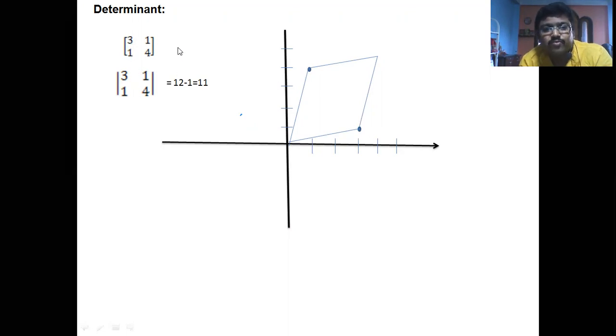And now 1, 4, so 1, 2, 3 and 4, and this is 1, so this point. So the area of this is called the determinant. So 11 is the area. There is an algebraic equation on this basis we can find out this area, but through the determinant we can find the area of this space is 11. Okay.